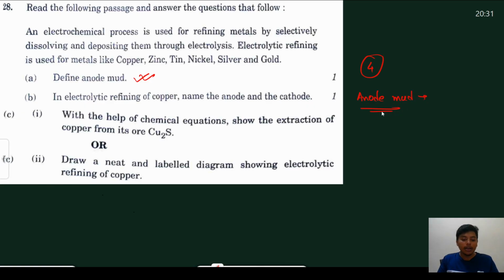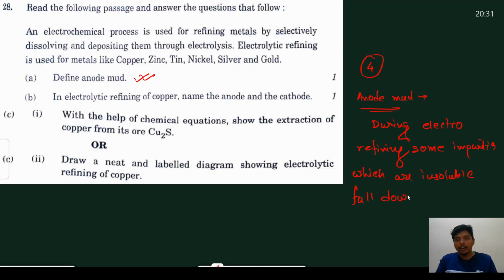Anode mud is nothing but, during electro-refining, some impurities which are insoluble fall down near the anode.